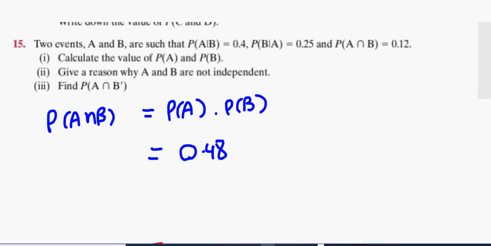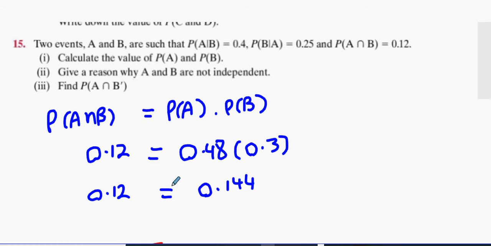P(B) is 0.3. And your intersection is 0.12. And what is 0.48 by 0.3 anyway? 0.144. They're not equal to each other, therefore they are not independent.